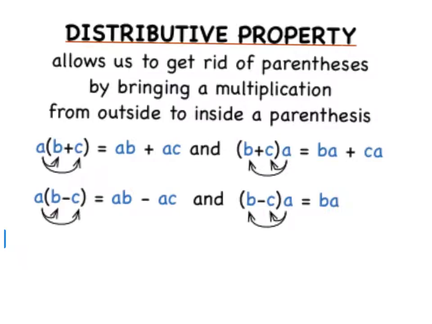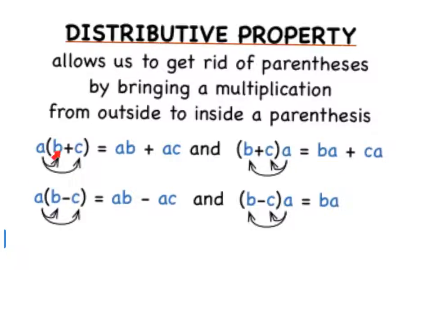So just to go over the distributive property, it allows us to get rid of the parentheses by bringing a multiplication from the outside to inside the parentheses. So it allows us to distribute. In the first example, we have a times b plus c equals ab plus ac, and b plus c times a equals ba plus ca.